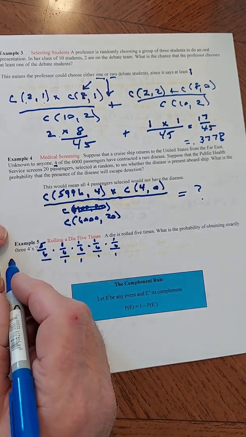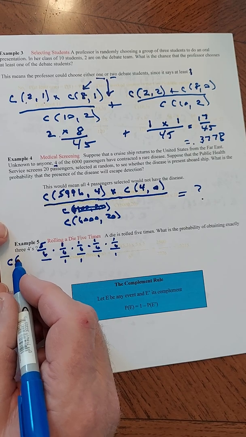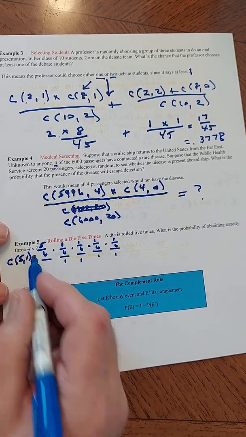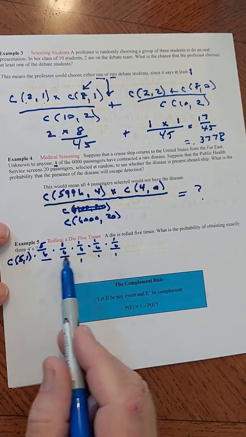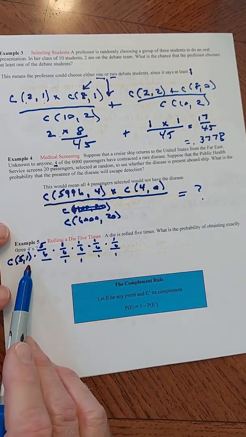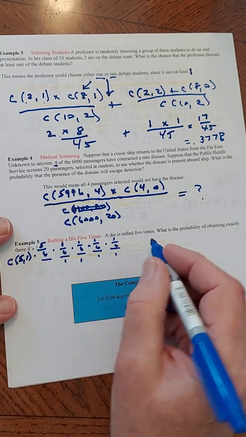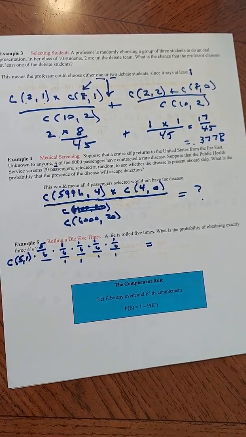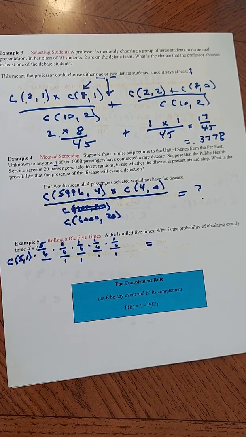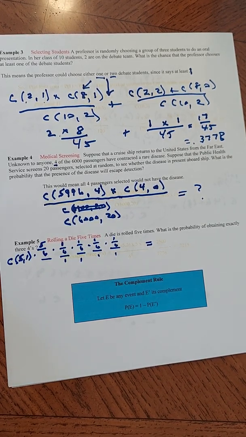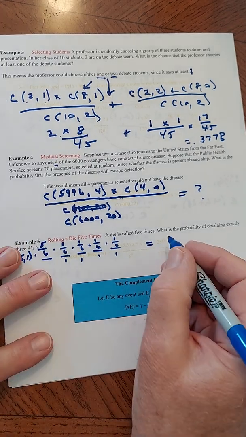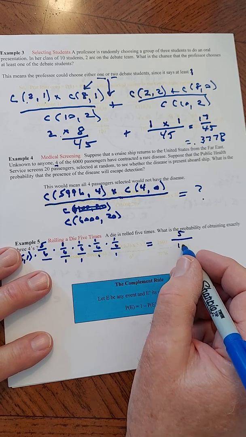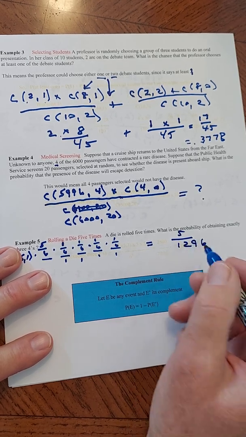So with that being the case, I've got to multiply by a combination of 5, picking 1. There's 5 spots and one of them will be the bad guy. So if I multiply all those together, my answer, as a fraction, is going to be 5 over 1,296.